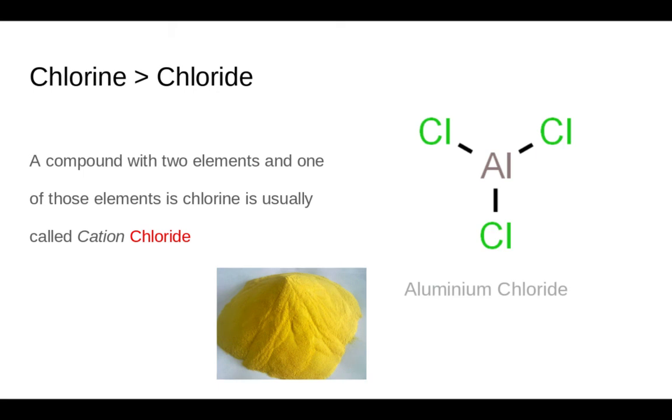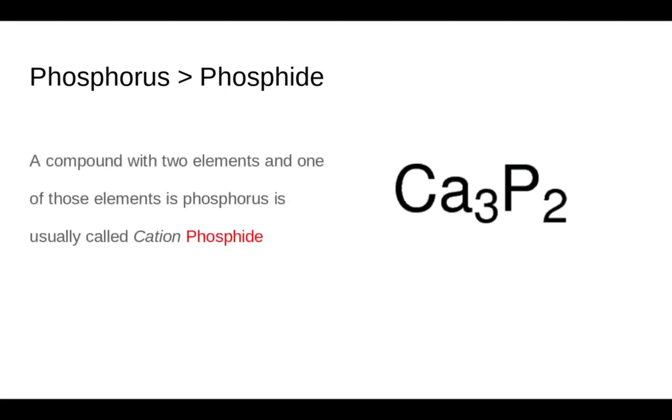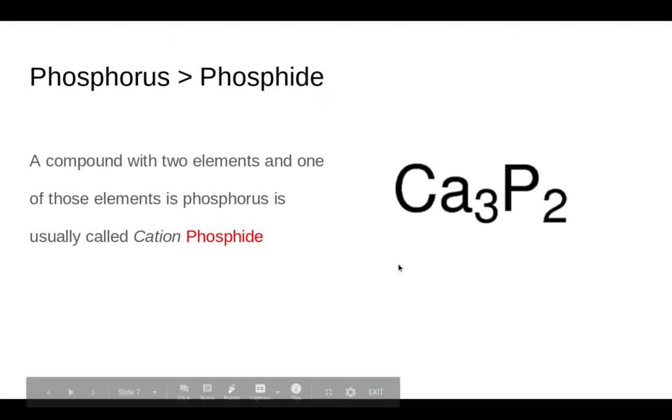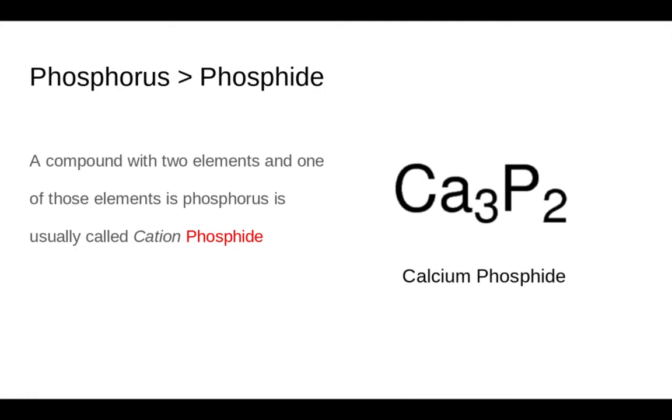So we call this aluminium chloride. We don't say aluminium chlorine, we need to change the anion, so aluminium chloride. Similar pattern again. If we have phosphorus, we need to change that to phosphide. So what do you think this one would be? Ca, calcium phosphide, okay? Calcium phosphide.